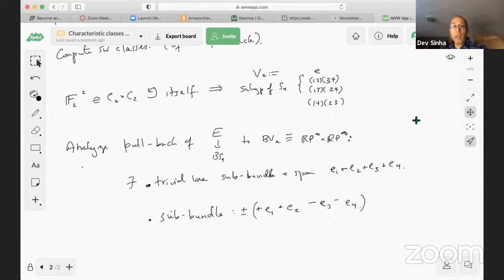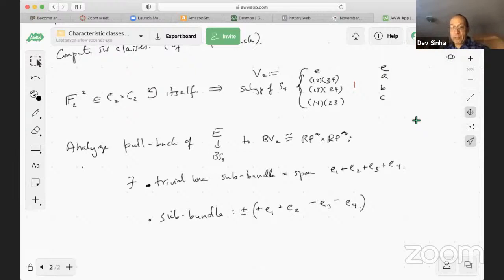So for example, if I swap 1 and 2 and swap 3 and 4, let's just call these A, B, and C. So that element A, it fixes this. Whereas B, if I swap E1 and E3, as well as E2 and E4, this vector goes to minus itself.